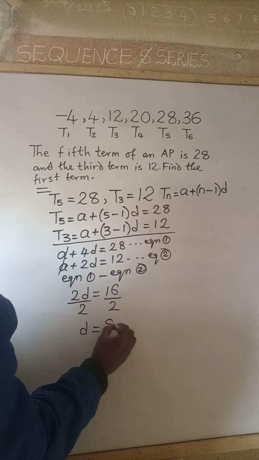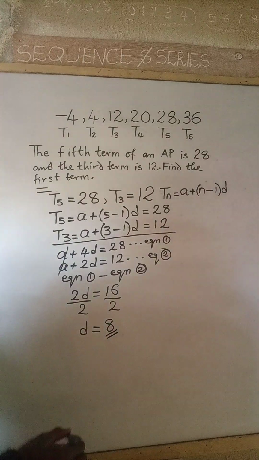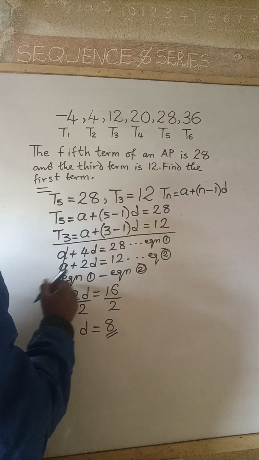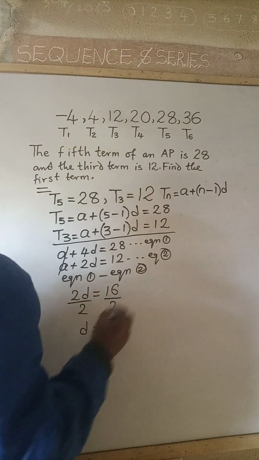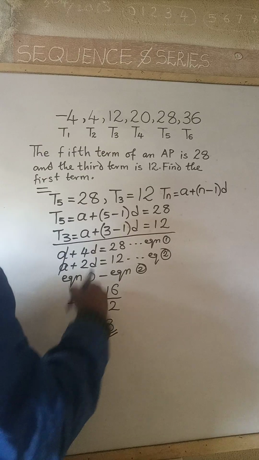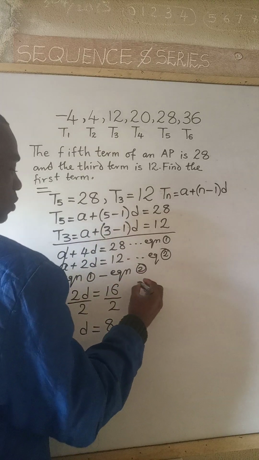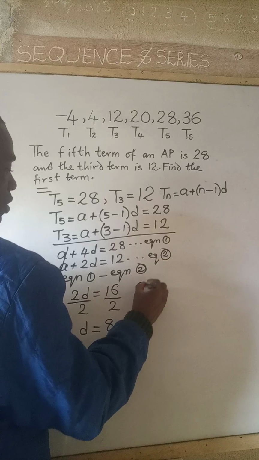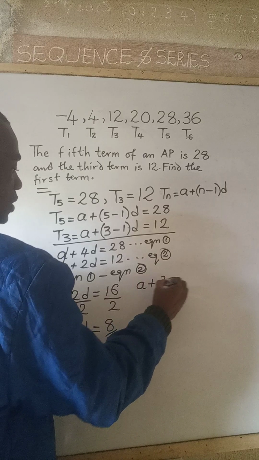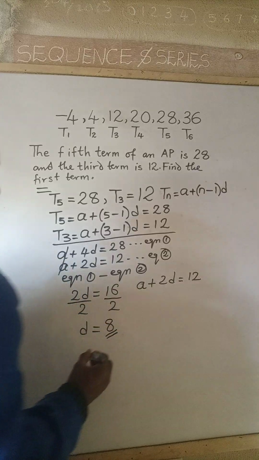But what they ask us to find is the first term, which is A. So what I'm going to do now is substitute for D, which is the common difference, equal to 8, in either equation 1 or equation 2. Let me substitute it in equation 2, which is A plus 2D is equal to 12.